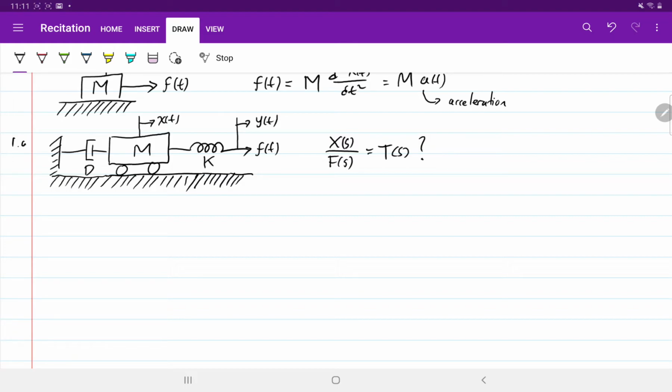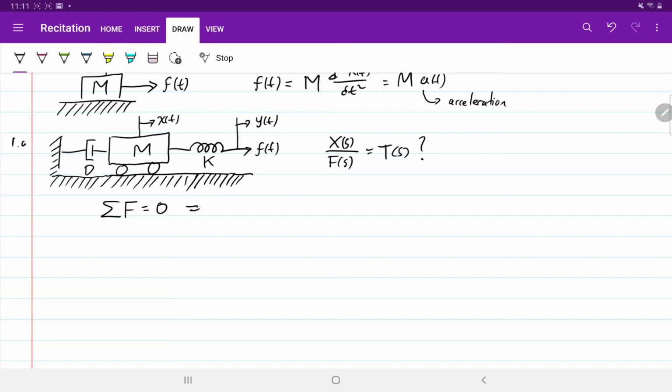So to get the transfer function, we need to use Newton's law of motion. When the system is at equilibrium or at steady state, the sum of force should be equal to zero.